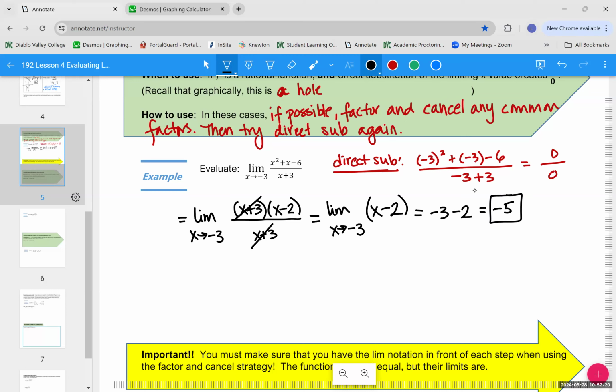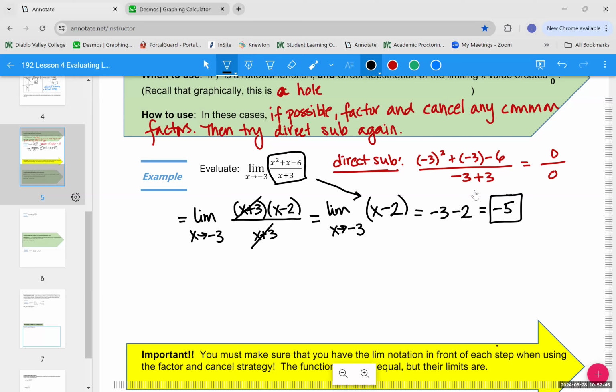So what this is telling me is I have this function, which really simplifies to this function every place except for at x is -3. And when x is -3, there's a hole at -3, -5. That's the location of the hole.